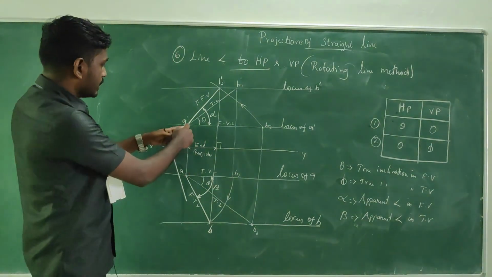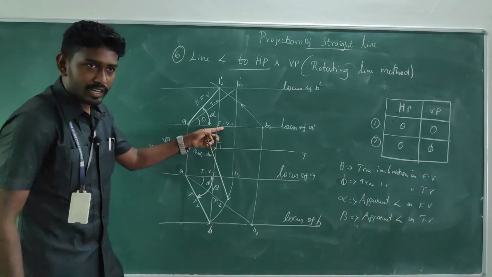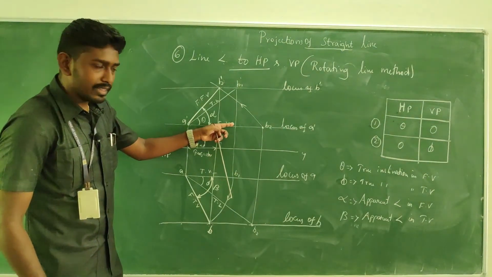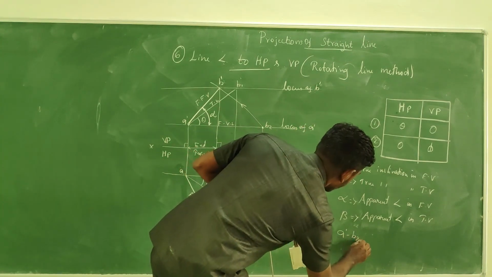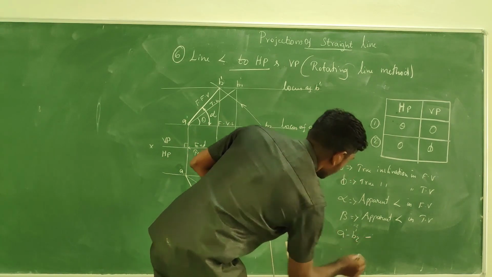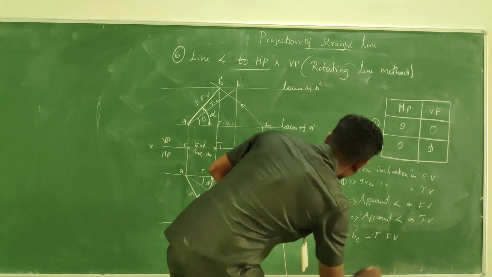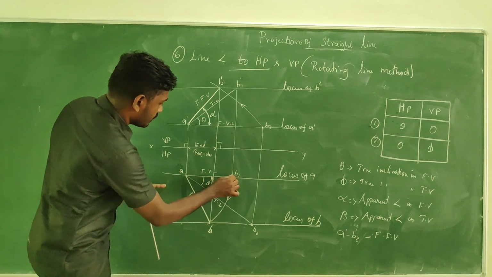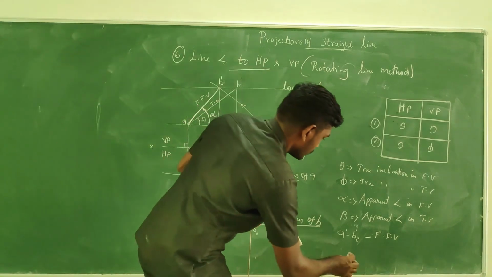Okay, and this line A dash to B2, we call the front view length, and A to B1, we call the top view length.